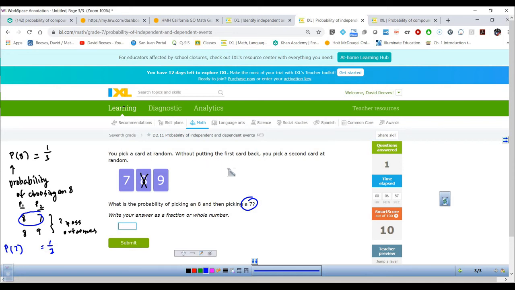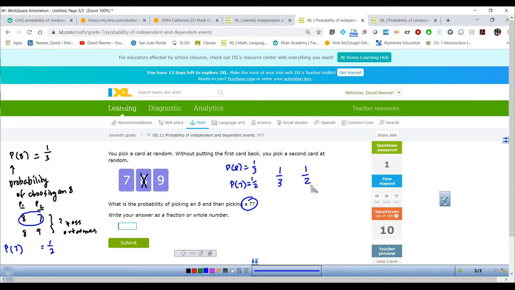All right, so we have the probability of an 8 the first time was 1/3, and the probability of a 7 the second time, which went down to 1/2 because this was a dependent event. All right, so there's our probabilities separately. And what did we say we want to do with those probabilities? Do we want to add them? I don't think so.